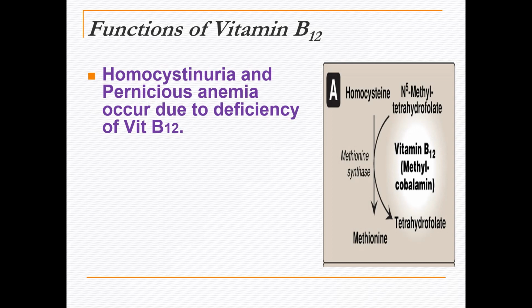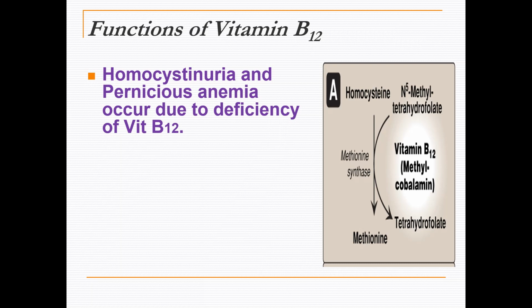Now, when homocysteine is converted into methionine, it requires N5-methyltetrahydrofolate, which is one form of folic acid, and this form of folate is converted into tetrahydrofolate with the help of methylcobalamin, or vitamin B12.